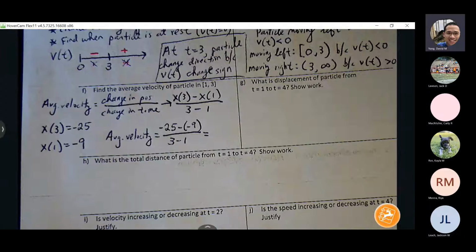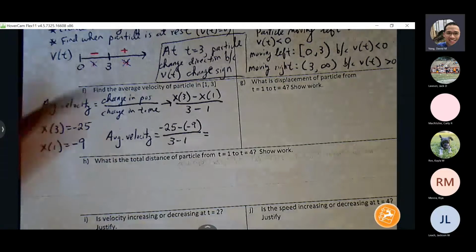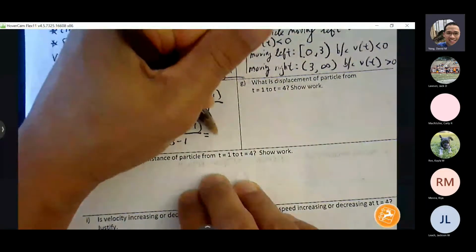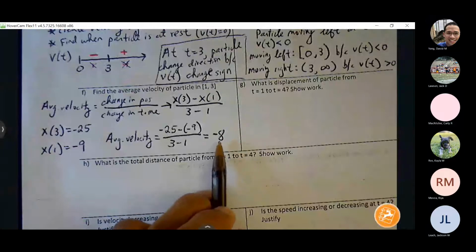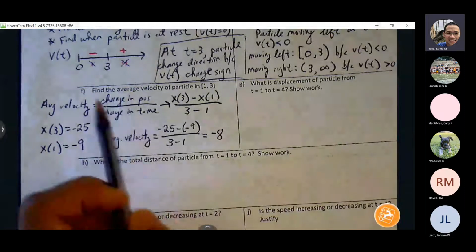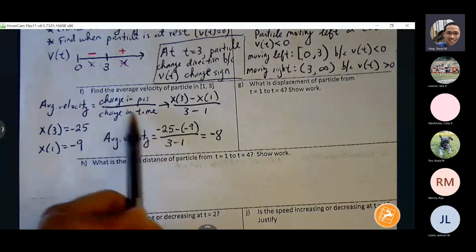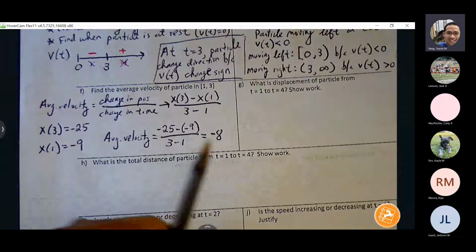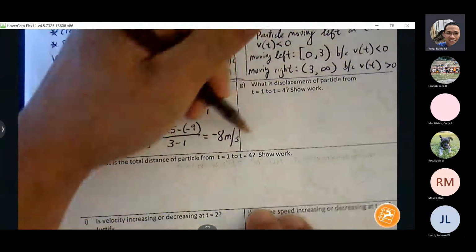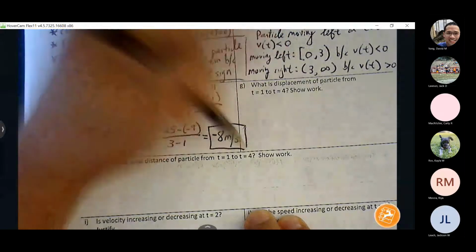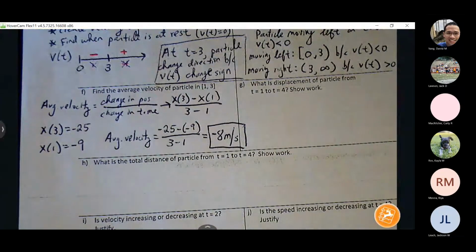So negative 25 plus 9, negative 16 over 2, would be negative 8. All right, what's our unit of measure here? Even though we didn't touch the velocity function, we are still doing a velocity calculation here. So our unit will still be how we would expect with velocity.